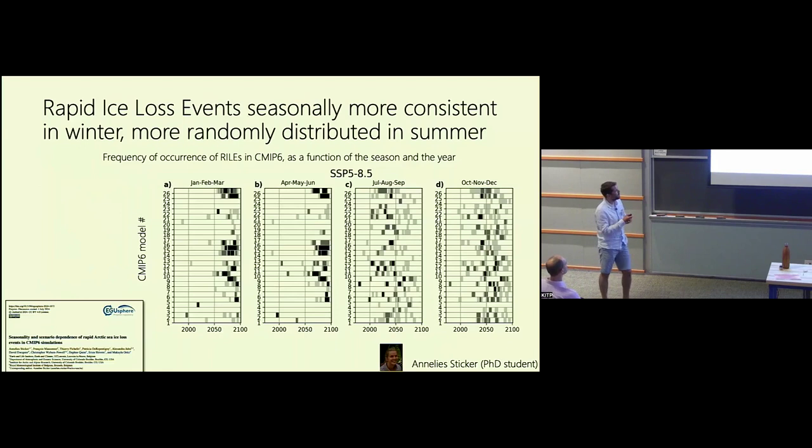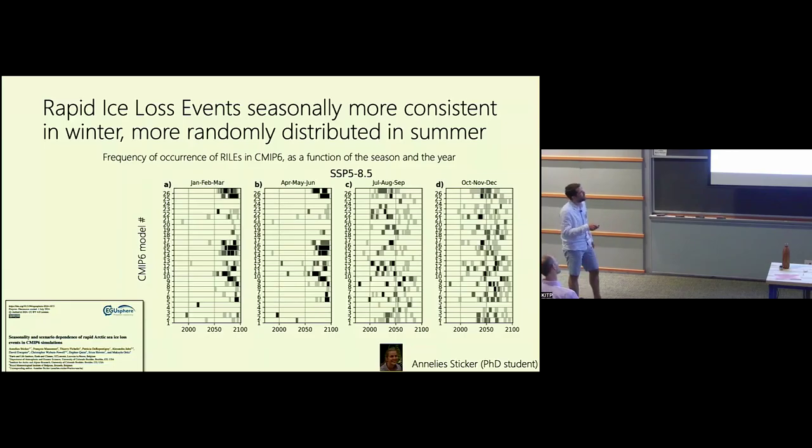And so Annelies Sticker, who is doing her PhD thesis, has really made a fantastic inventory of all these RILEs in CMIP6 models by season, by year, and by climate model. So whenever you see black, it means that one RILE has been detected in that model for that year, for that season.